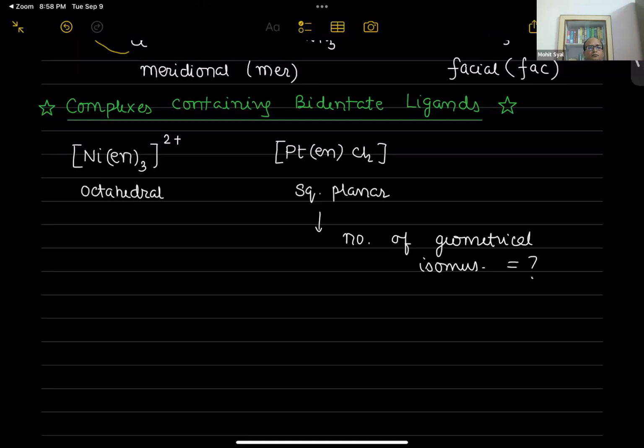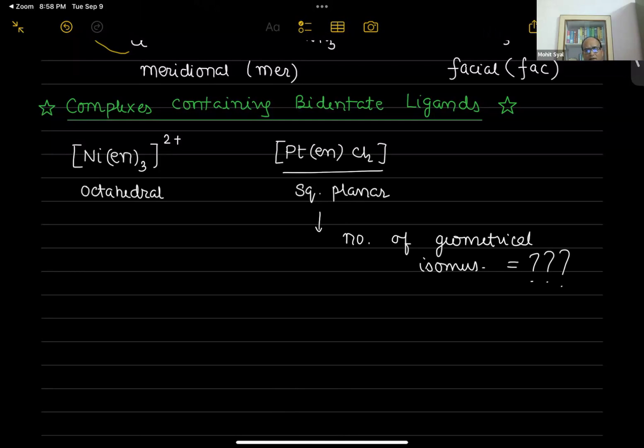Sir, I didn't understand the question. Total number of geometrical isomers. Cis trans isomers. Got the question? Yes, sir. First, try to understand the question.